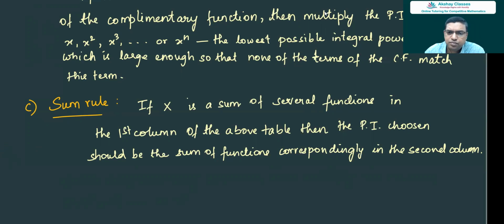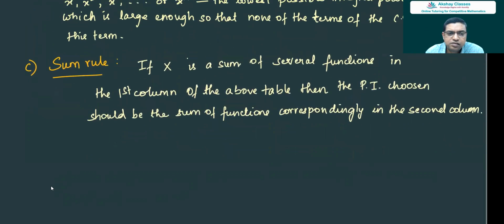Okay, now we'll do examples on this. This is a very easy type of method, which is logical, and we can very easily do this. Let us look at the first one.